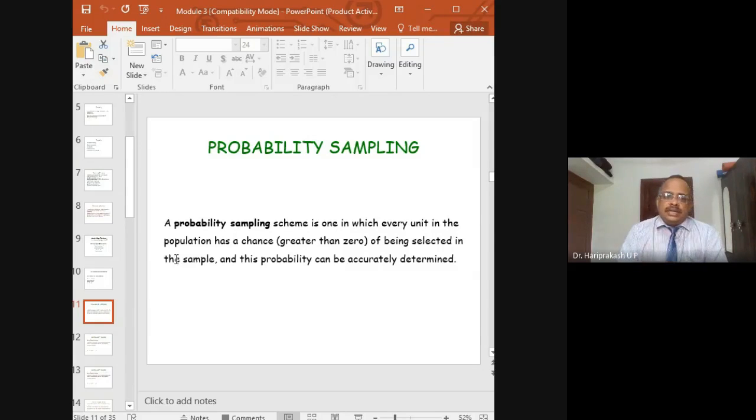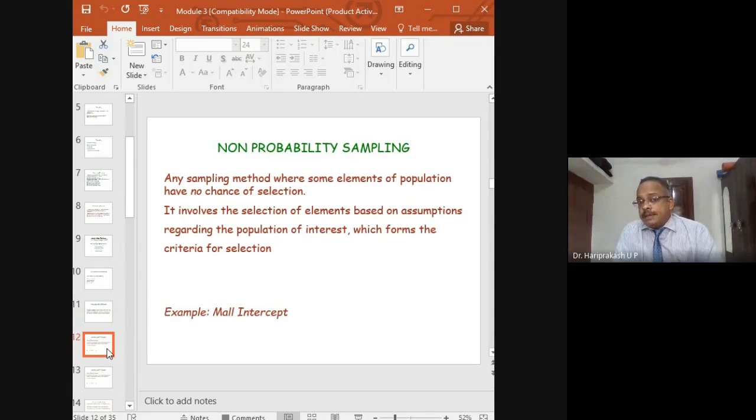Then what is non-probability sampling? It is the opposite of probability sampling, where every element in the population does not have an equal chance of being selected. It's called non-probability sampling.